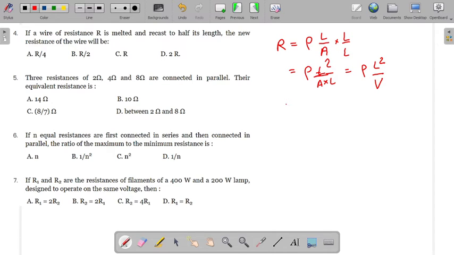So the new formula of resistance can be transformed into R equals rho times L square upon volume.